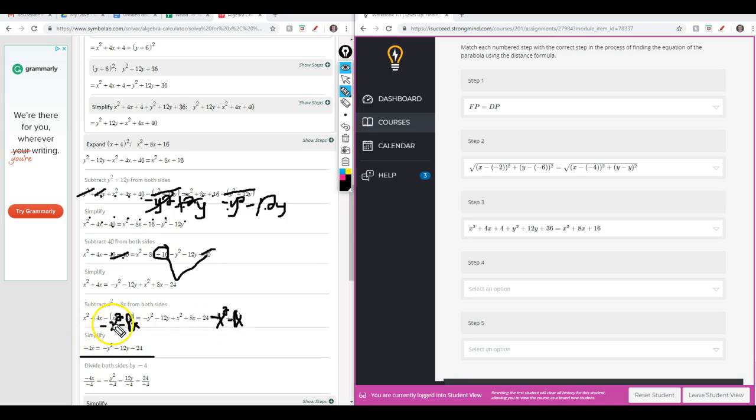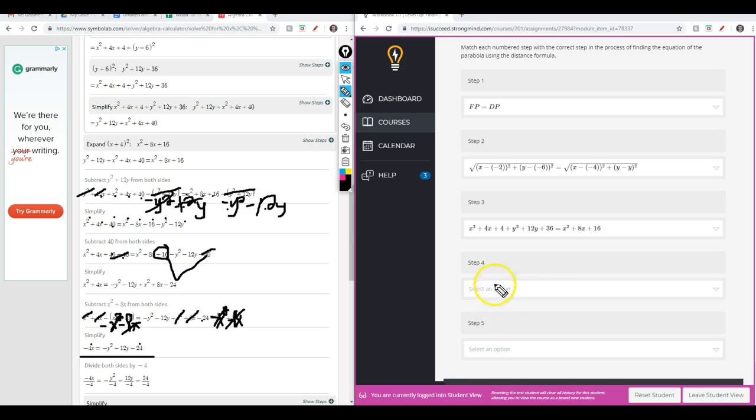So then x squared minus x squared reduces down to 0. 4x minus 8x reduces down to negative 4x, so that's where that one came from. You still have negative y squared minus 12y minus that 24 because x squared minus x squared is 0, and 8x minus 8x is 0 as well.